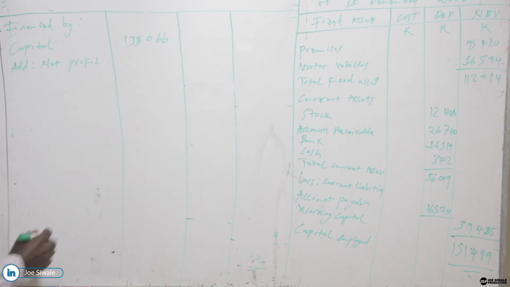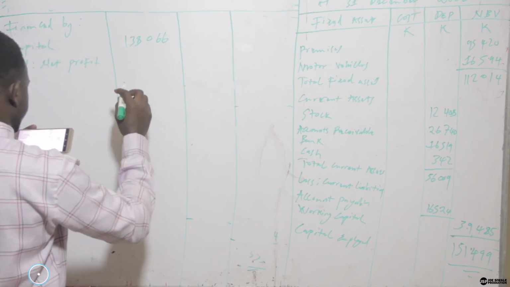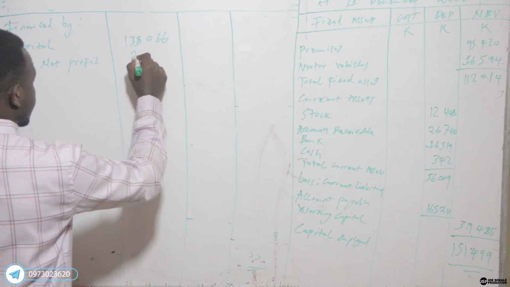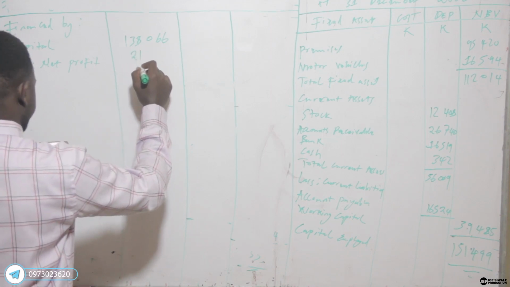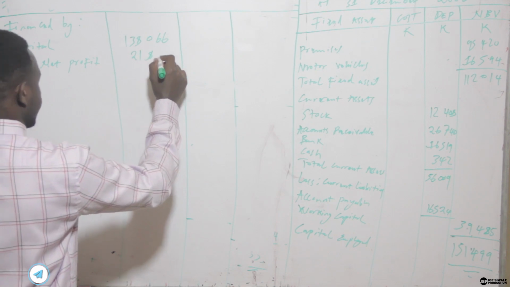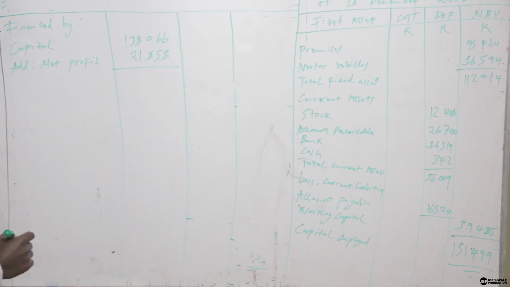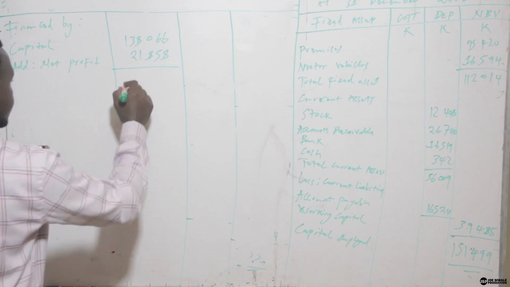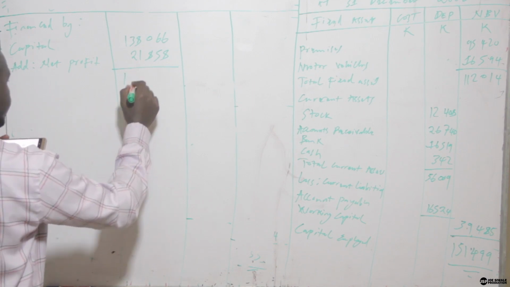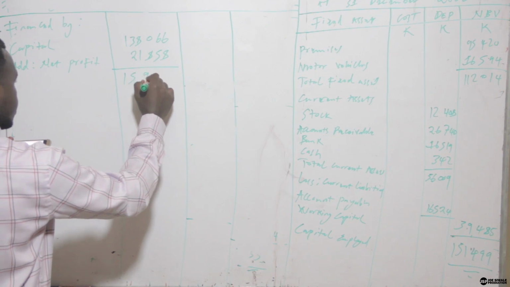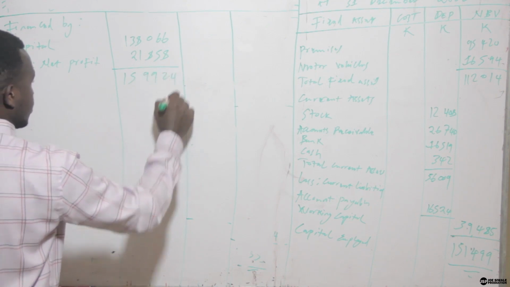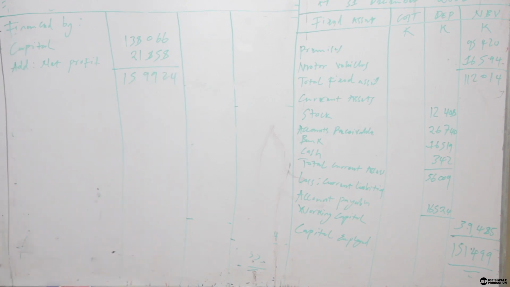In the net profit that we had calculated, net profit of 21,858. So we are going to add there, and in the answer that we're going to have 159,924.